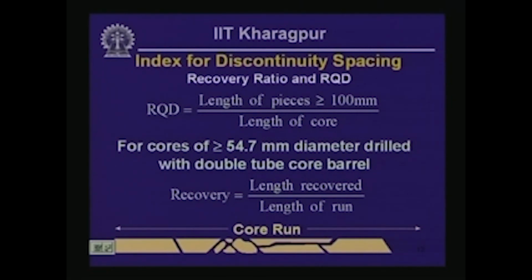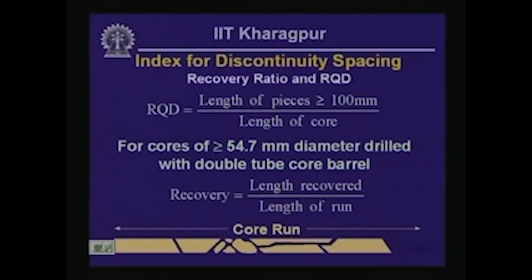Once again, RQD is given by the length of pieces of a core specimen which are more than 4 inches long, 100 millimeter long, and we are going to divide the cumulative length of those pieces which are more than 100 millimeter long by the length of the entire core run. Now, RQD is typically expressed only for cores that are more than or equal to 54.7 millimeter diameter, drilled with a double tube core barrel.